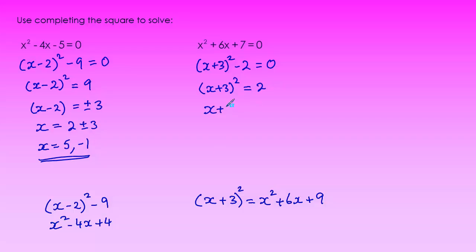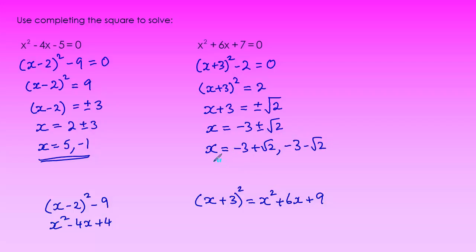And that means that x plus 3 would be equal to positive or negative the square root of 2, which is an irrational number. Subtract 3 from both sides, and we get negative 3 plus or minus the square root of 2. So x can be negative 3 plus root 2, or negative 3 take away root 2.